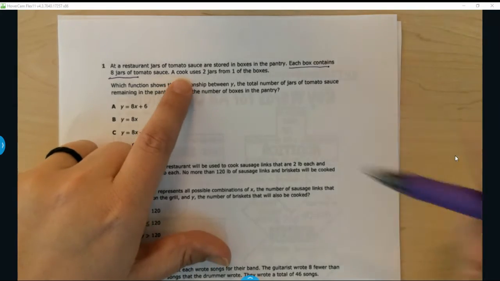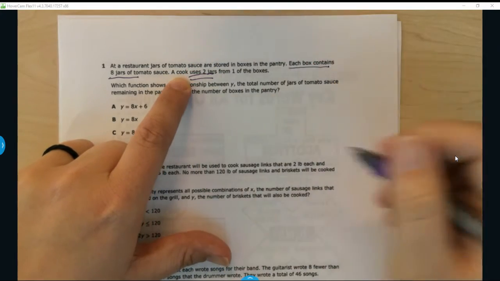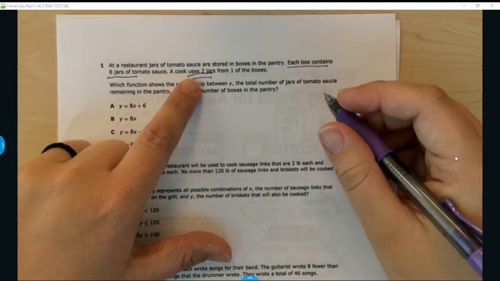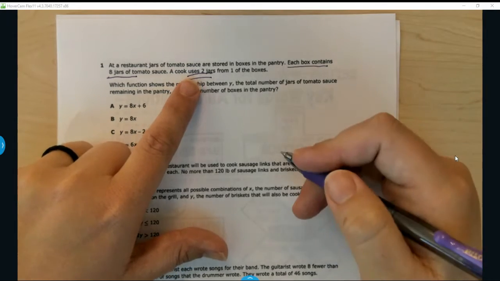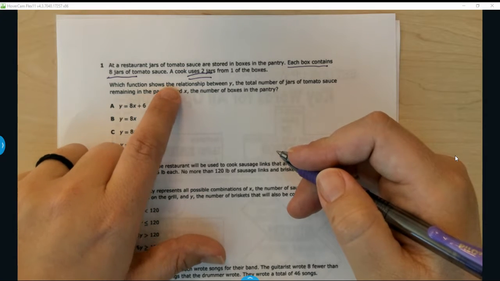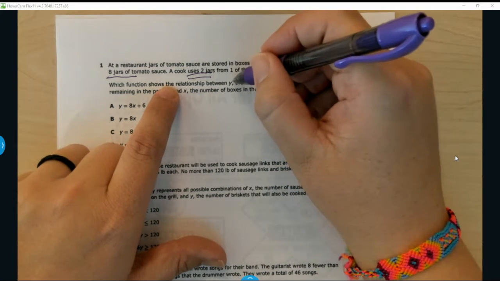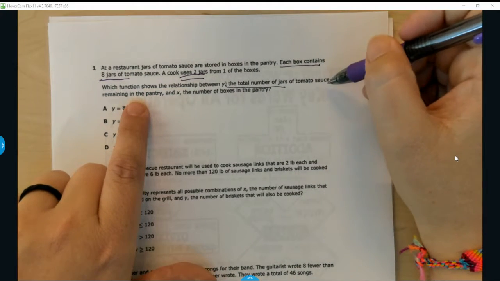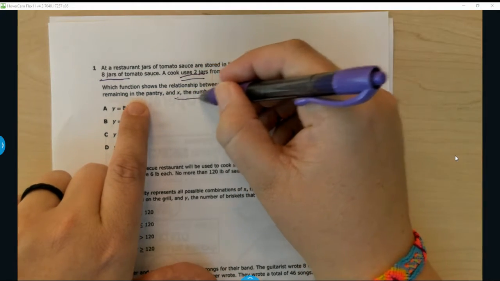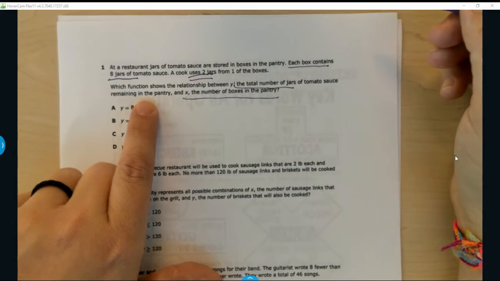And then it goes on to say a cook uses 2 jars. Well, if he's using 2 jars, that means that he's taking away 2 of the jars that are there. Which function shows the relationship between y, the total number of jars of tomato sauce remaining in the pantry, and x, the number of boxes in the pantry?